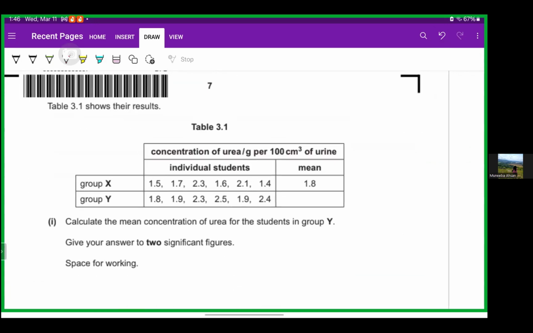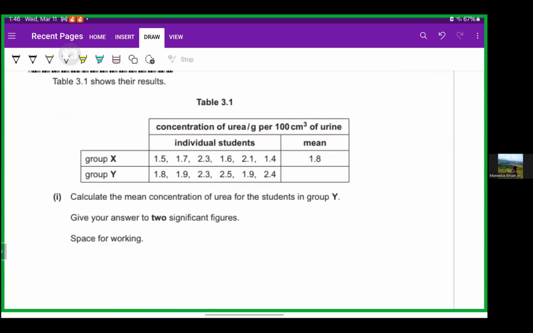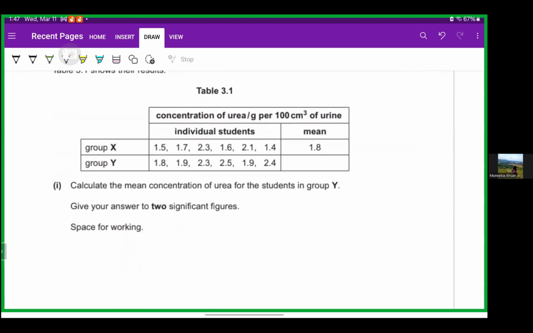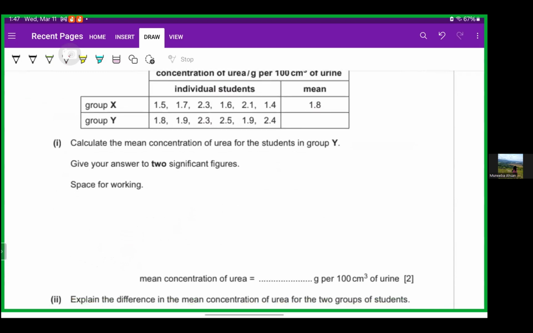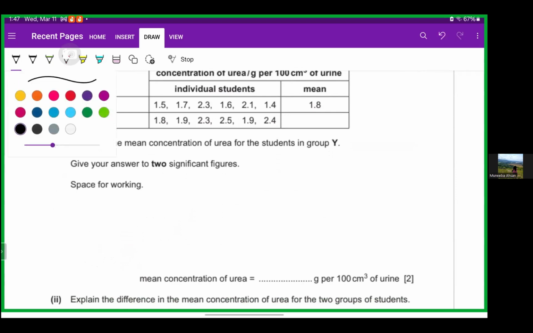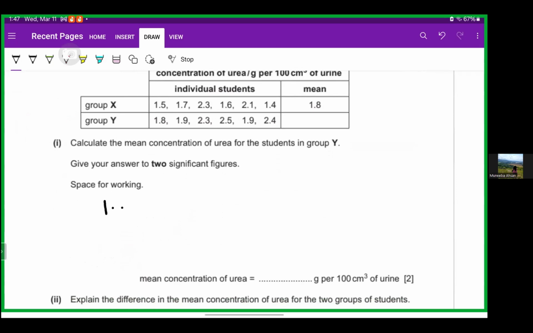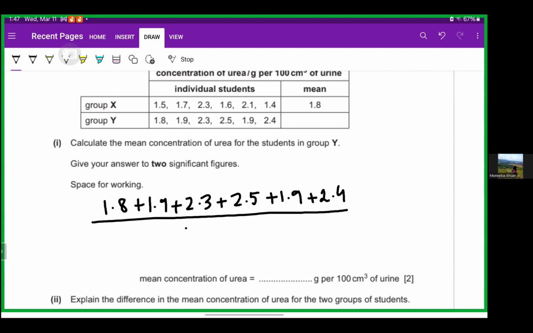The results basically show the concentration of urea in the urine of individual students in groups X and Y. So the first part asks you to calculate the mean concentration of urea from the students in group Y. It's really easy to find out. 1.8 plus 1.9 plus 2.3 plus 2.5 plus 1.9 plus 2.4 divided by 6, right?